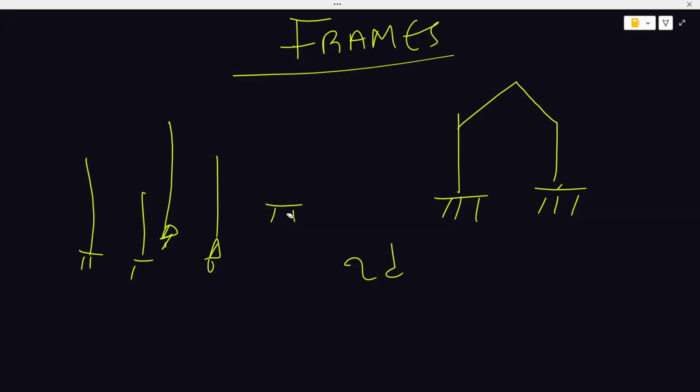Well, the truth is that when you are dealing with frames, we are not just dealing with axial loads, as with trusses, but we are also dealing with shear forces and bending moments. These three are all internal forces. We need to find the internal forces, which are the bending moments, the shear force and the axial loads.